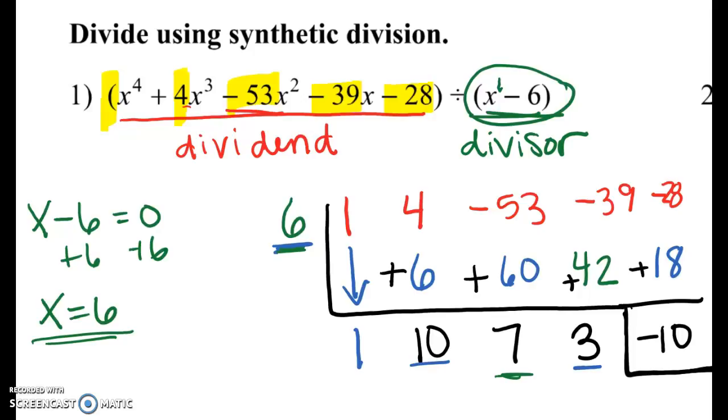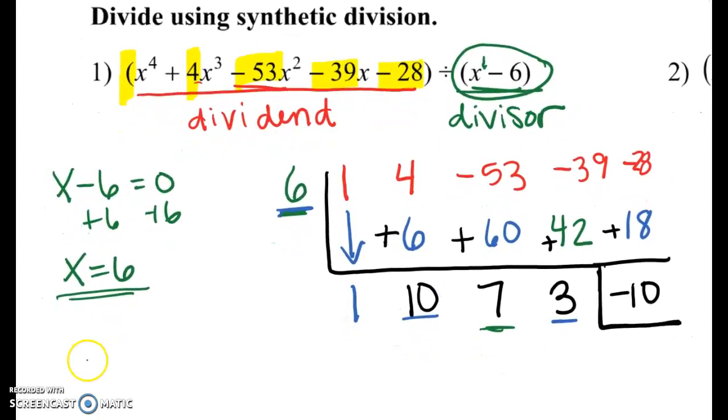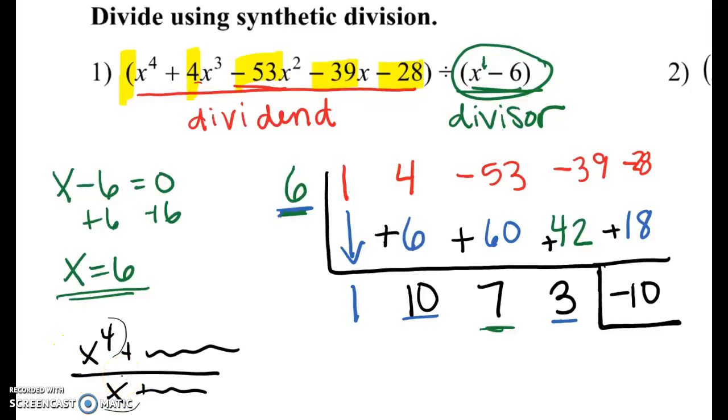Okay, so if we think about this, we just divided x to the fourth plus all those other terms by x minus 6. So what's going to happen is we had x to the fourth and we're dividing by x.